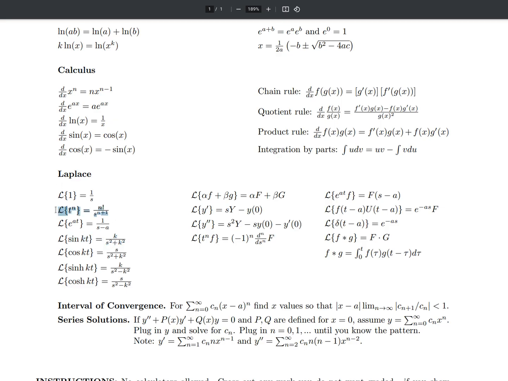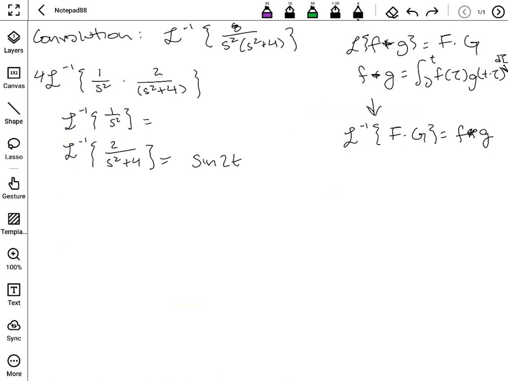And then L of t to the n, I'm going to use this property, n factorial over s to the n plus 1, for n equals 1 to get just t. And I'm going to not write the power 1 there because we usually don't write it like that.